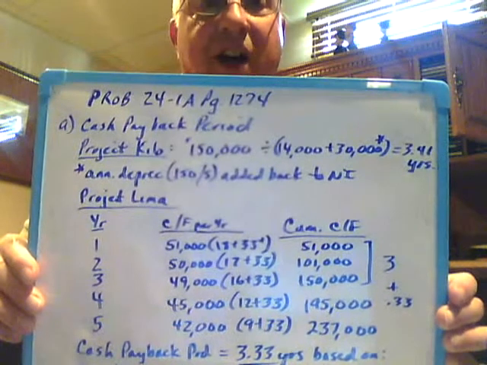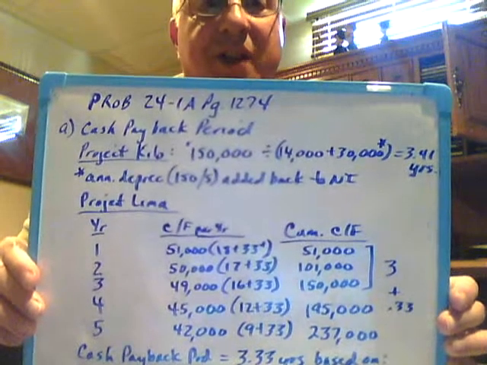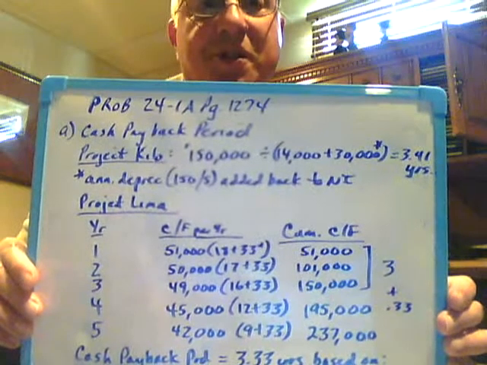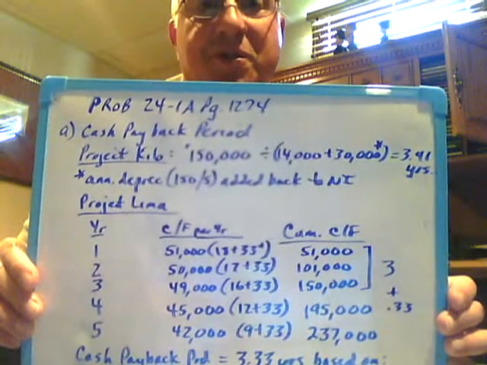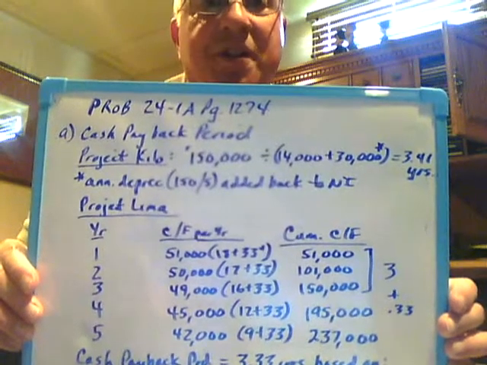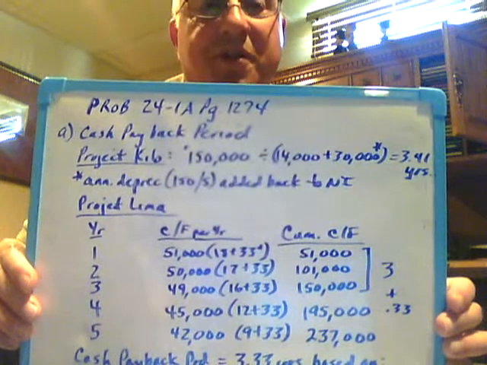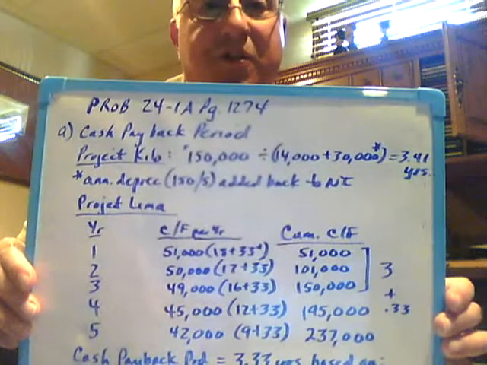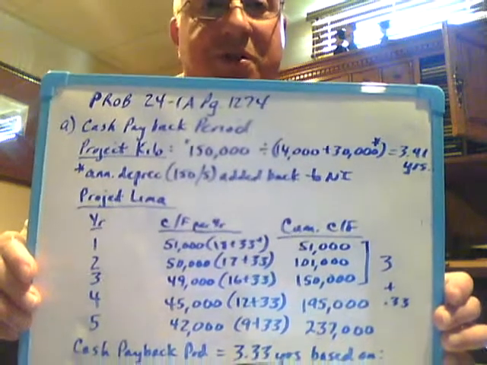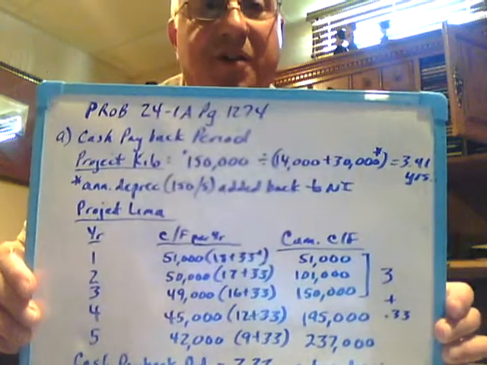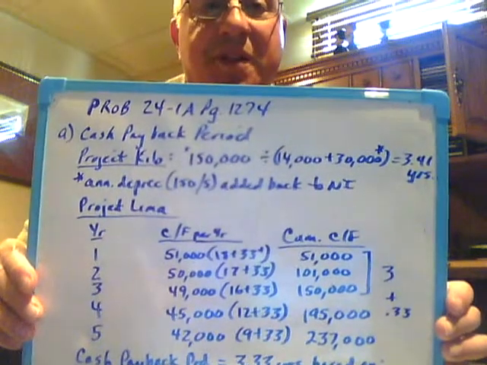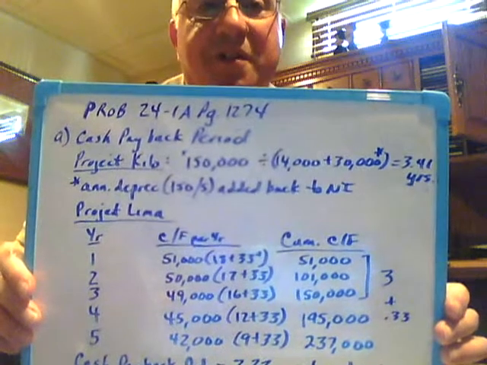So our actual cash flow anticipated per year is the sum of that net income plus the $33,000 depreciation. So it's $51,000 for year 1, $50,000 for year 2, based on 17 plus 33, year 3, $49,000, 16 plus 33, and so on down the line. And notice how the net income per year is dropping off as we get further into the project.